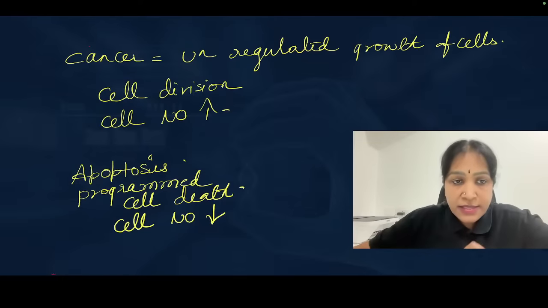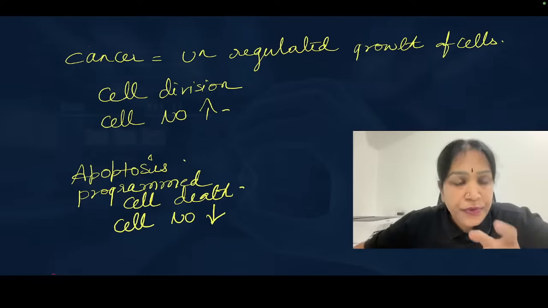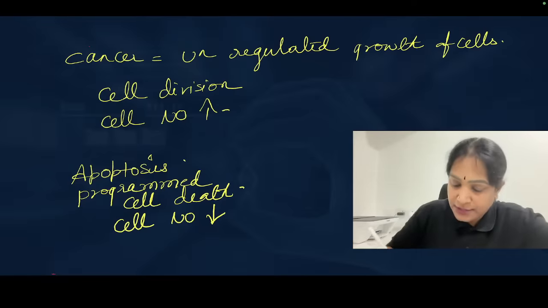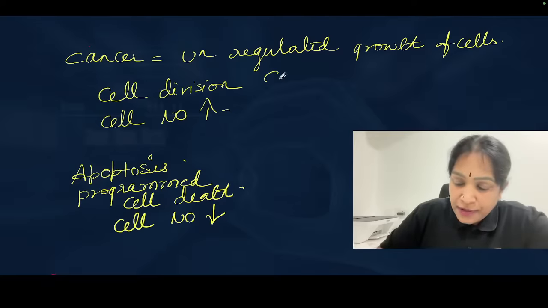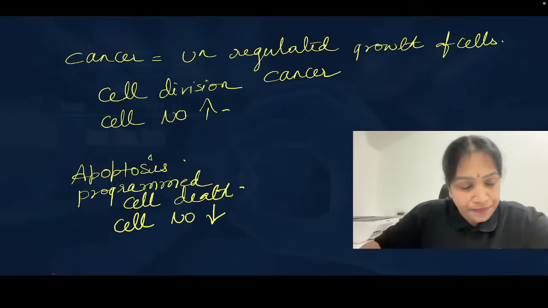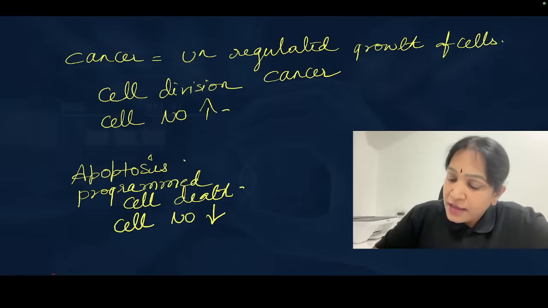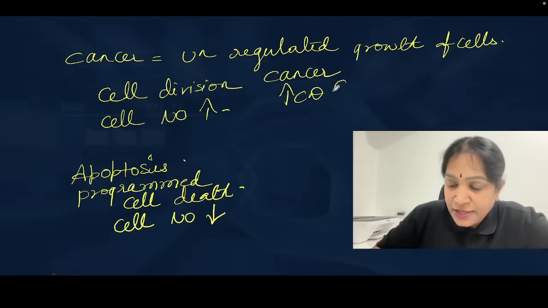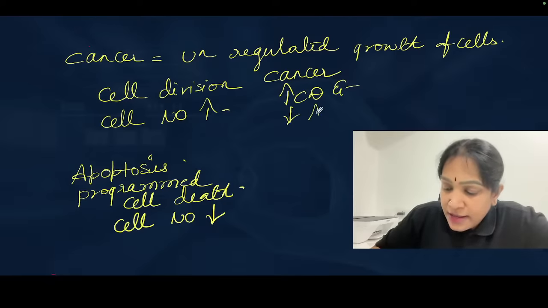So, answer this question. Cancer occurs because of the increase in the cell division or increase in the apoptosis. Cancer occurs because of the increase in the cell division and decrease in the apoptosis.